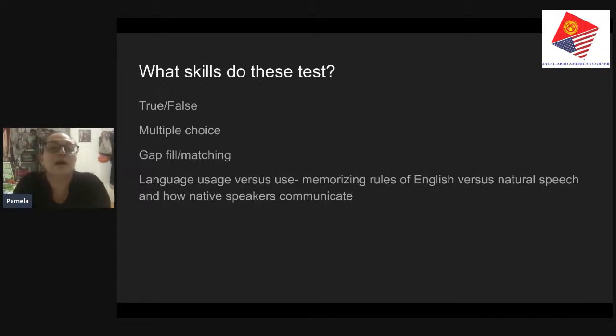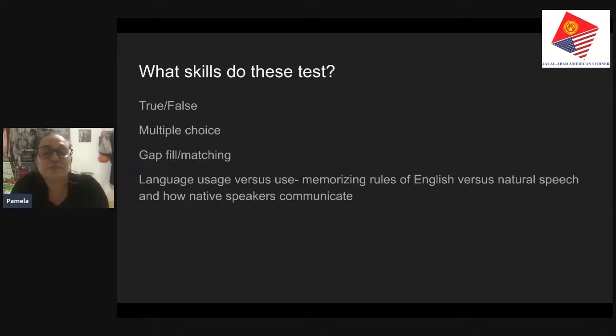So let's look at what skills these kinds of tests actually test. True, false. True, false is comprehension, but it can also be guessing, right? So they have a 50-50 chance of getting it right. Multiple choice, they can also guess.